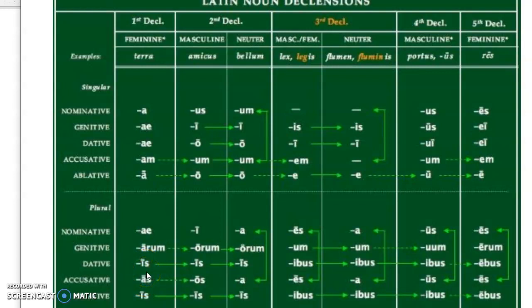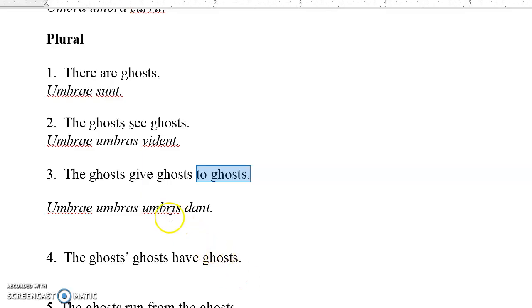And then dant is going to be the plural form of the verb on that one. So once again, the ghosts, umbrai, give ghosts, umbras, to the ghosts, umbris. So we go back and look at our example here. The ghosts, umbrai, give, dant, ghosts, umbras, to the ghosts, umbris.